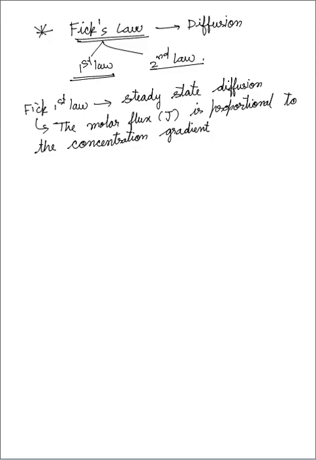The concentration gradient is denoted by dc by dx. dc by dx means change in concentration upon change in distance. dx is distance. So the formula will be J is equal to minus D dc by dx. This is the first law of Fick. So Fick's law states that the molar flux J is proportional to the concentration gradient.